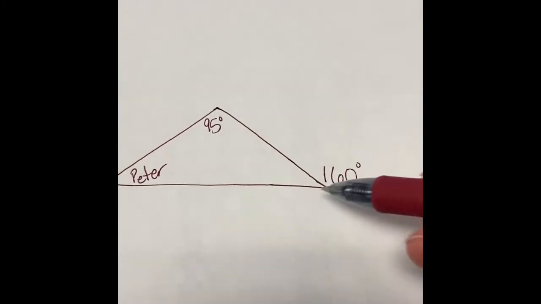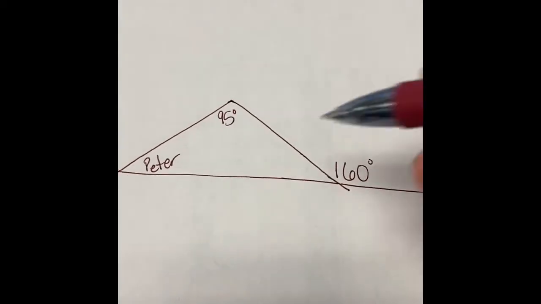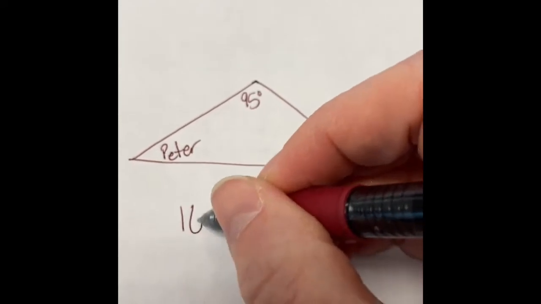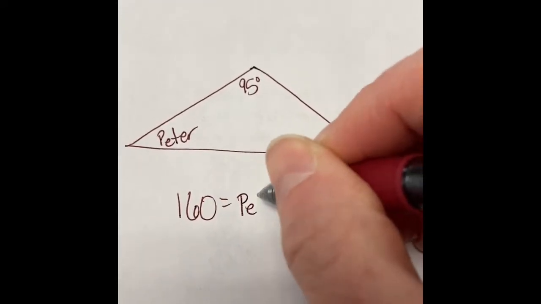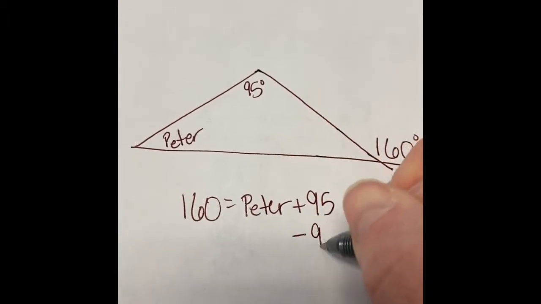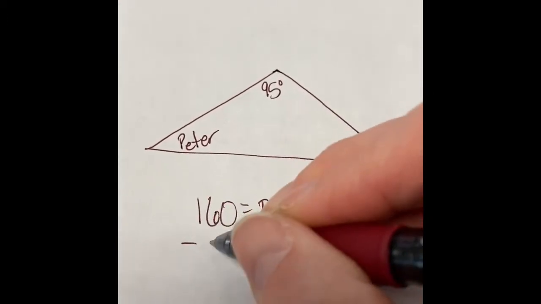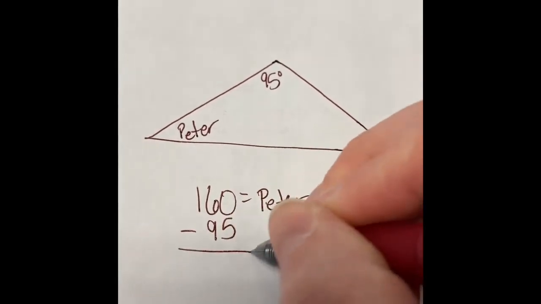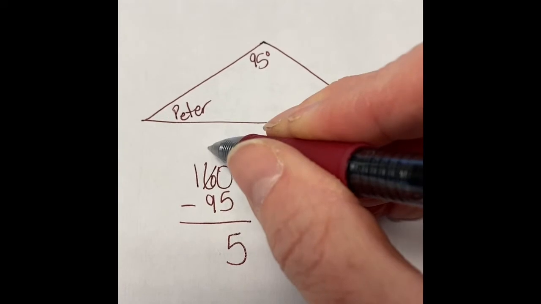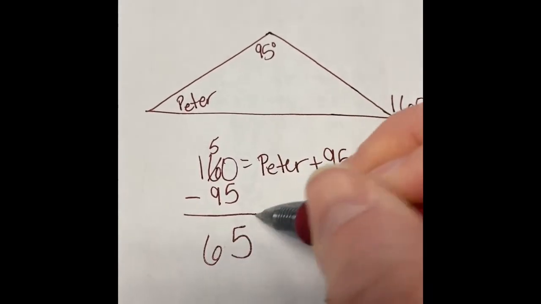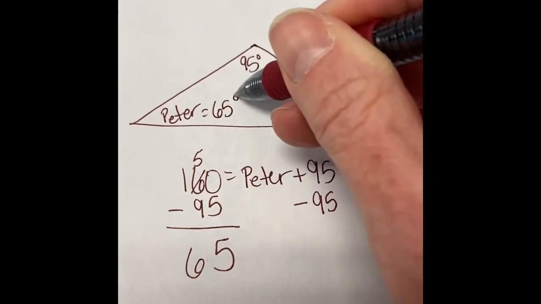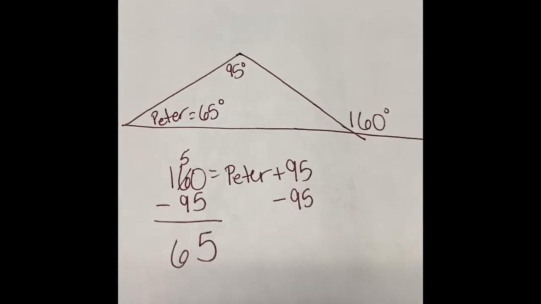We have 160 degrees and 95 degrees, so 160 equals Peter plus 95. Subtract 95 from both sides, and we get that Peter is 65 degrees. Should we test it? See if it's for real?